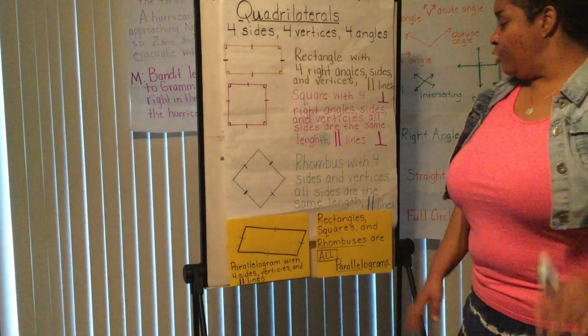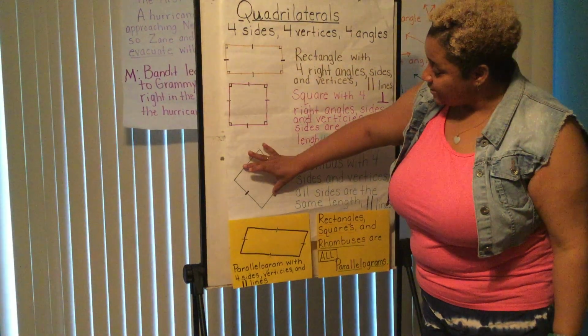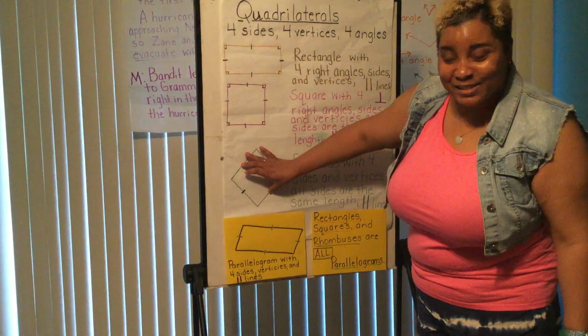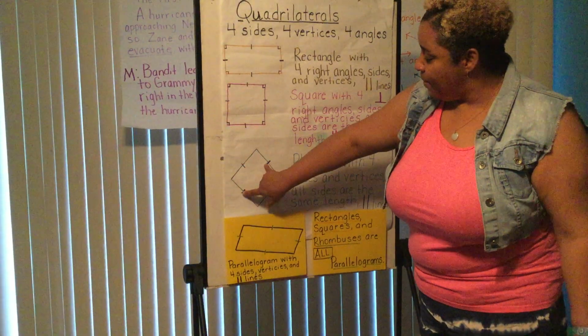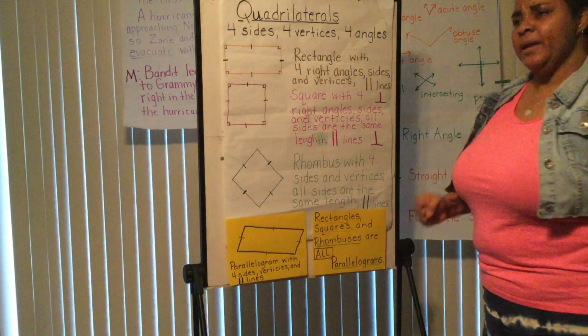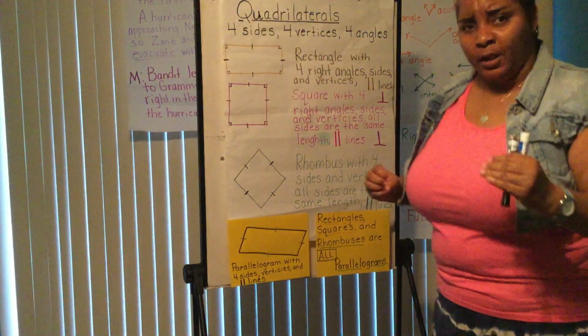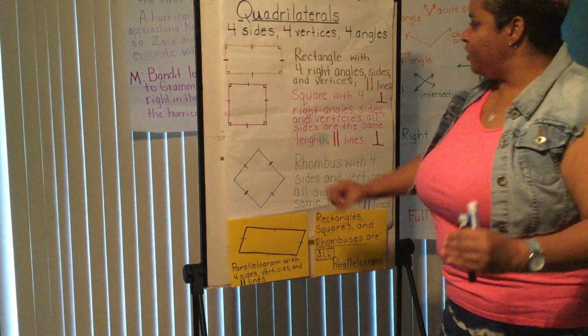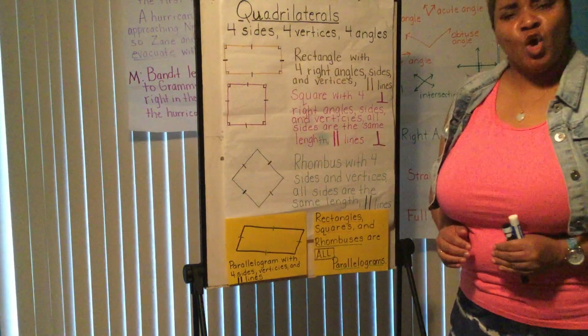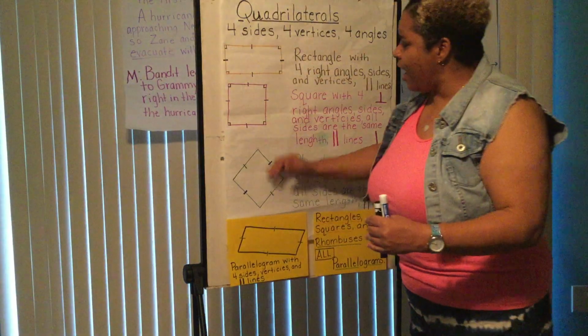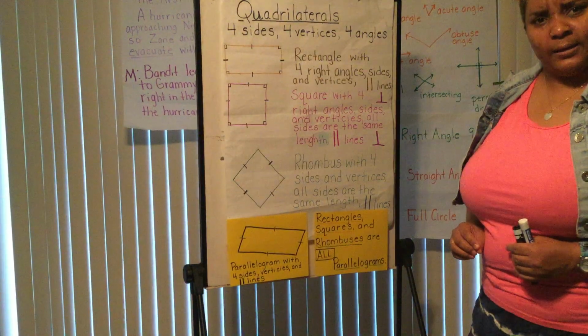And we also know that this rhombus has two sets of parallel lines. Parallel and parallel. Well, wait a minute. There is something that is similar about this square and this rhombus, something that puts this rhombus in the square family.